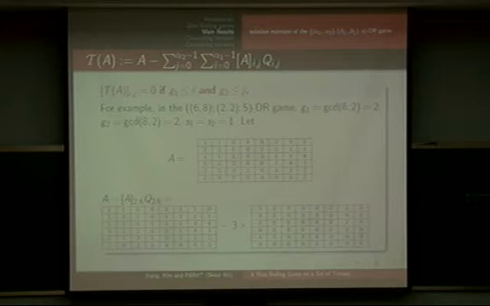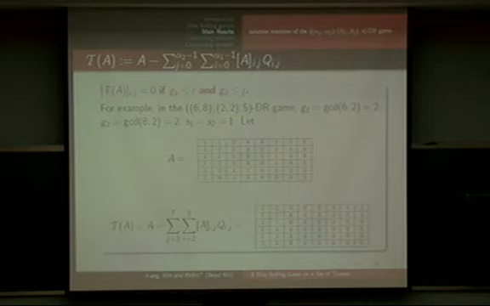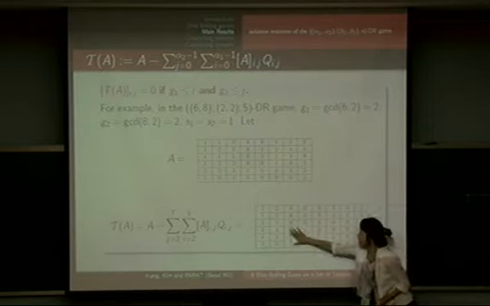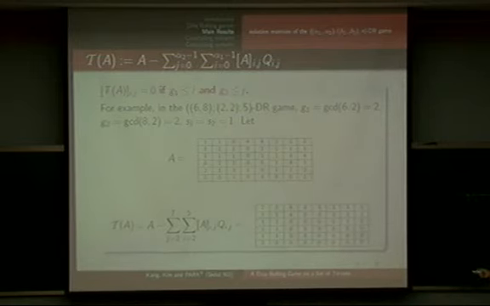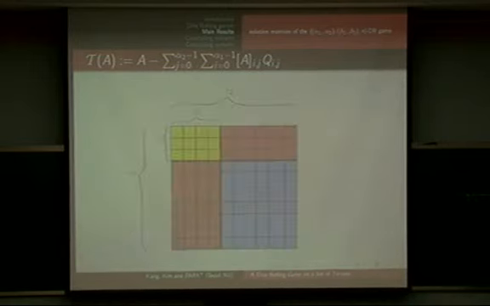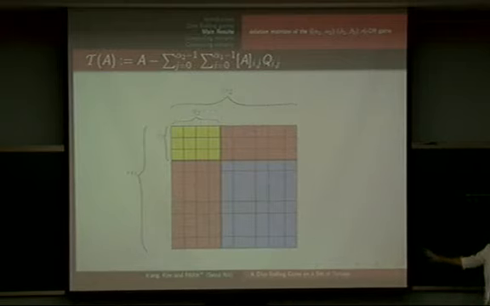So T of A has this form. That is, the entries in this area are 0. In other words, the entries in the blue area are 0 in T of A for any A.